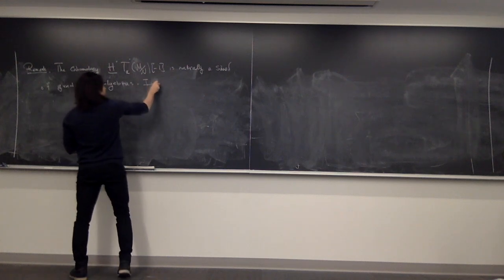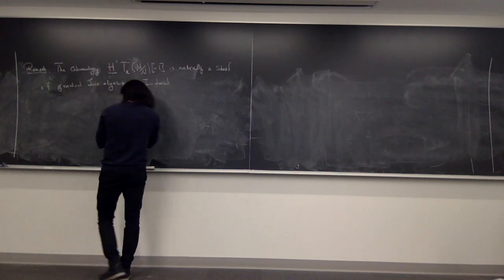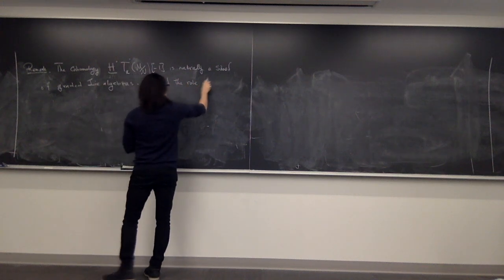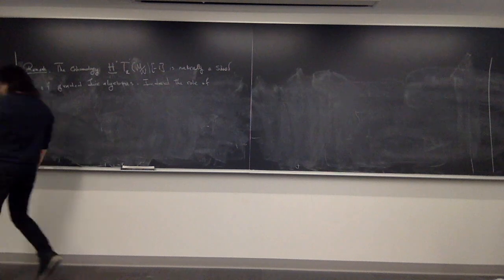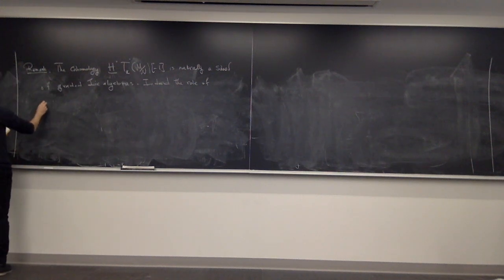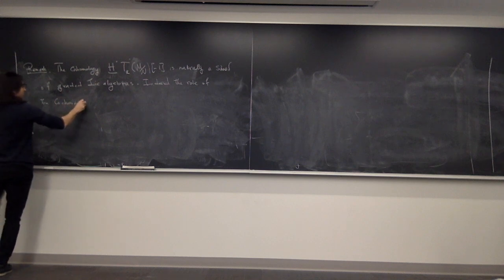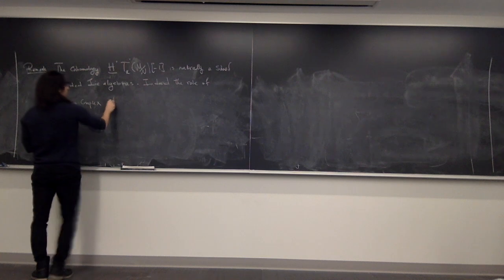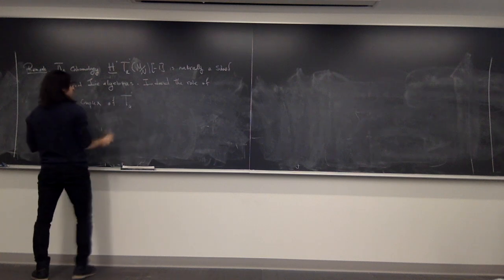The row of the cochain complex of T dot at the point X.